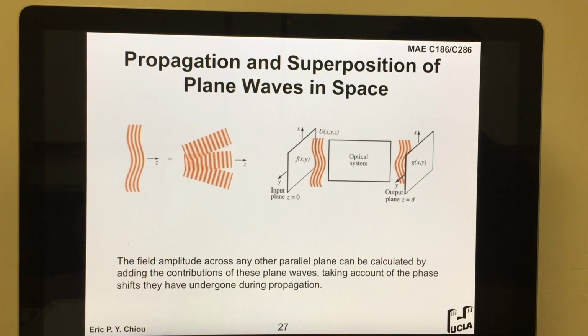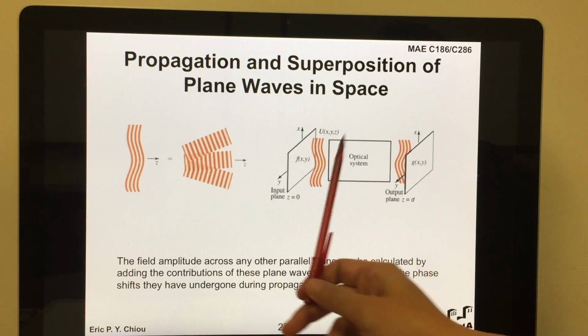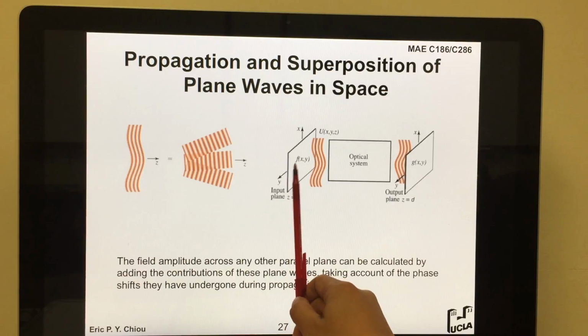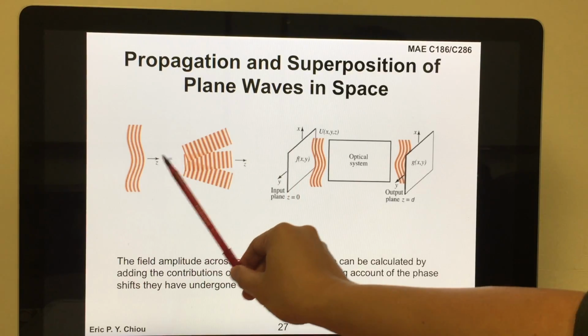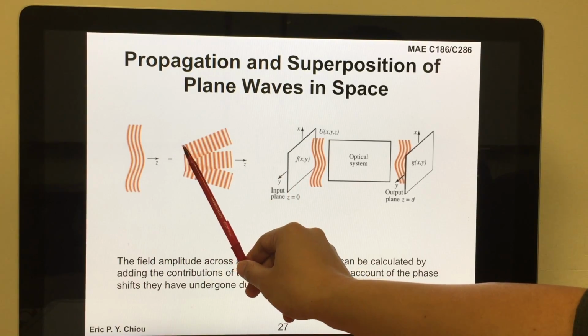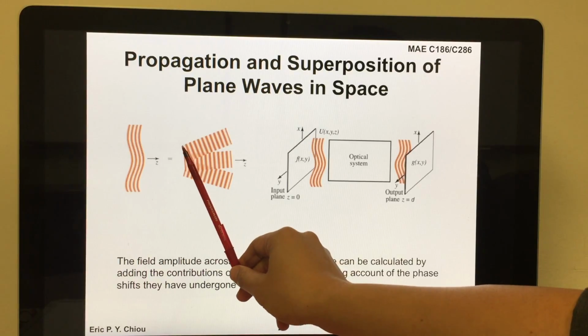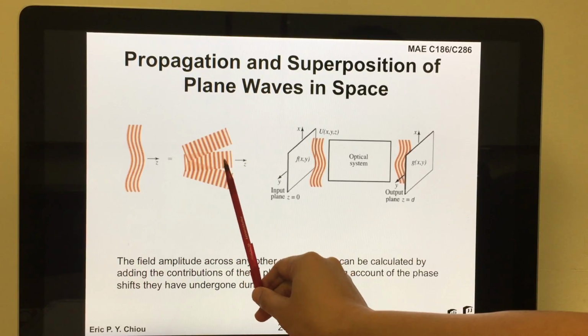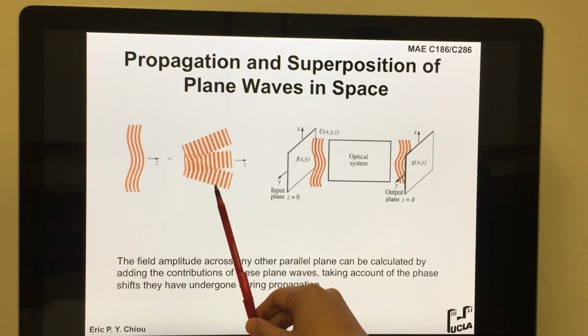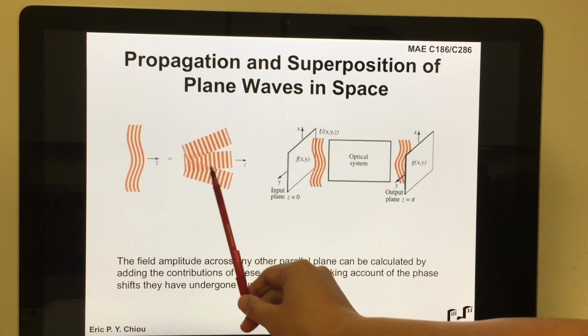The way we look at the free space propagation of different plane waves is like this. For an input plane image here, you say it's f of x and y. You can decompose it into a superposition of plane waves propagating in different directions, and different directions may have different amplitudes.